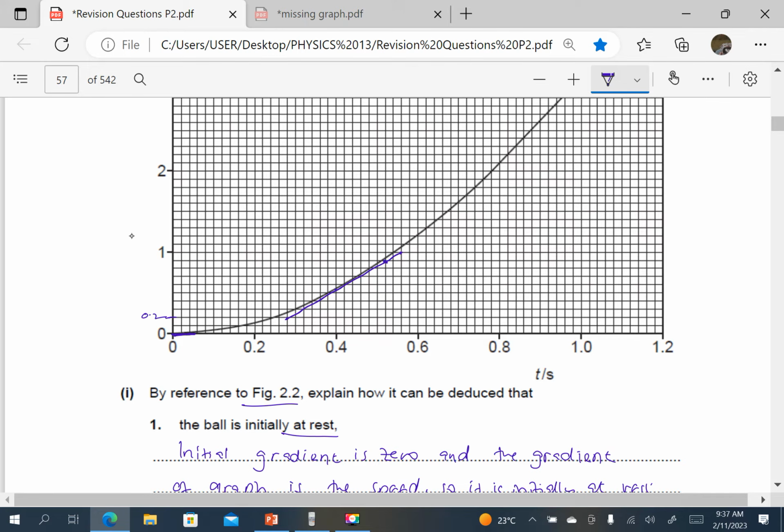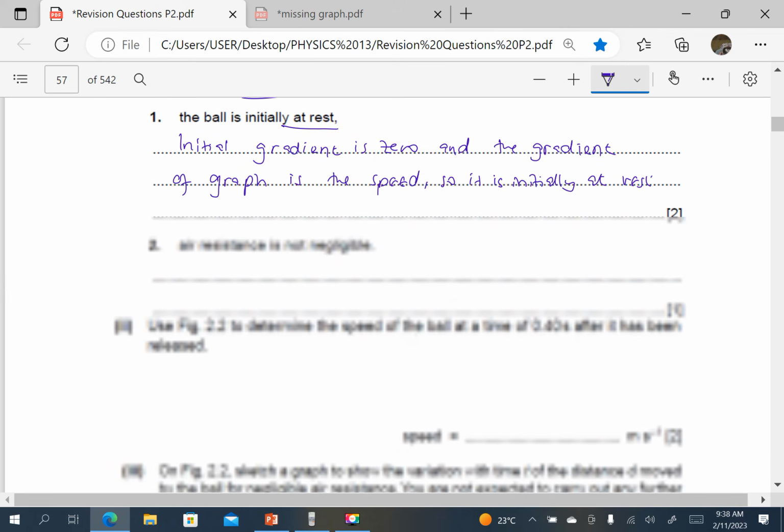Okay, I'll take this point. On the y-axis, this is 0.9. On the x-axis, this is 0.28. And this one is 0.52. So now I'm finding the gradient.